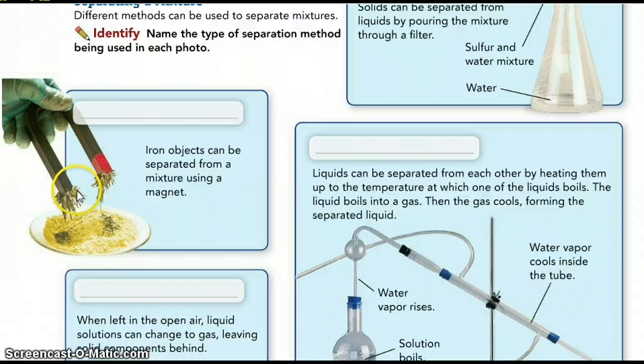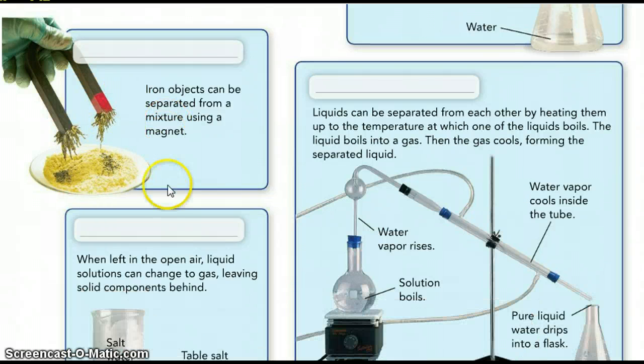See here, they're using a magnet. You had iron mixed in with this, and we know that metal is attracted to magnets, and so they used a magnet to break out and separate these things. So he's using magnetism. That would probably be a heterogeneous mixture.